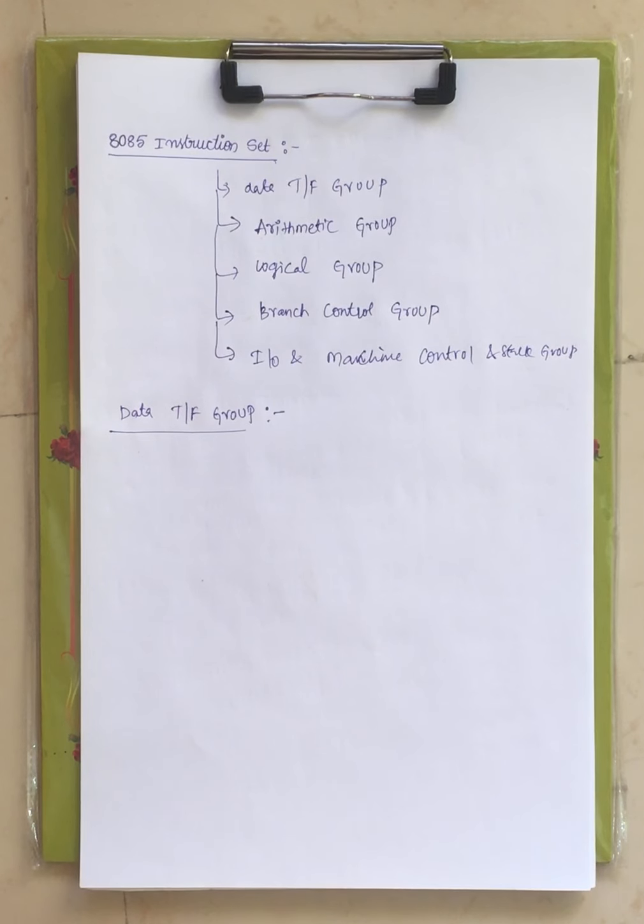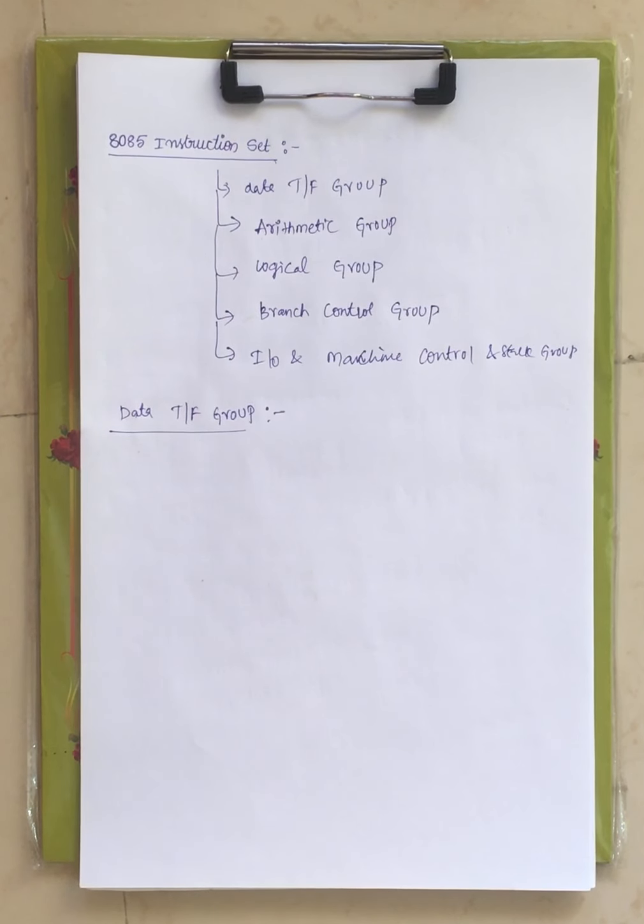In this group of instructions, we can transfer data between register to register, or register to memory, or memory to register. These are the possibilities through which you can transfer data in between, right?